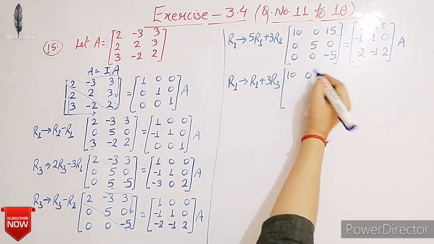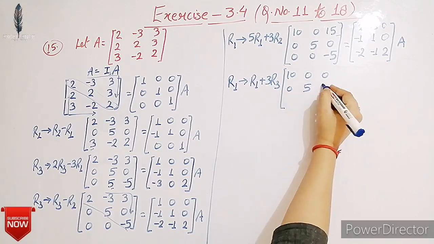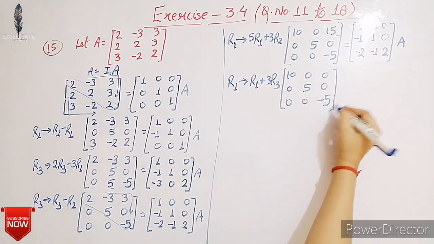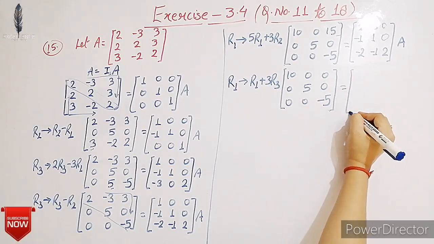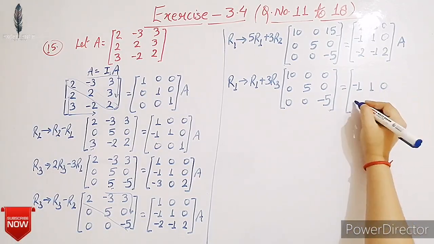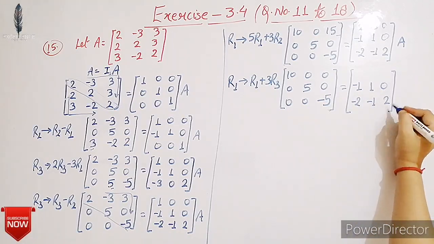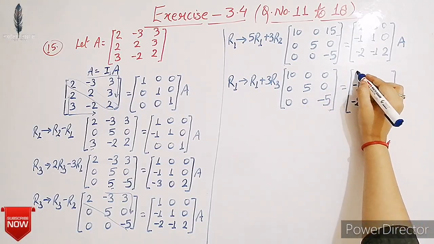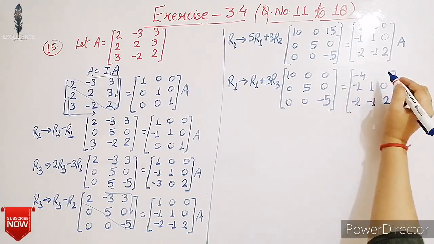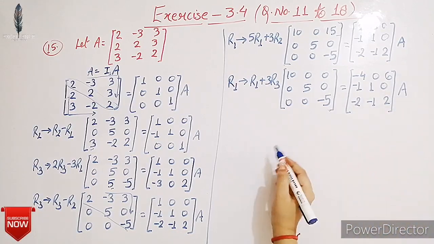So R1 becomes 10, 0, and here 15 minus 15, 0, and R2 and R3 are same, is equals to, here R2 and R3 are same, R3 is minus 2, minus 1, and 2, and R1 becomes here minus 4, it's 0, and here 6, A.